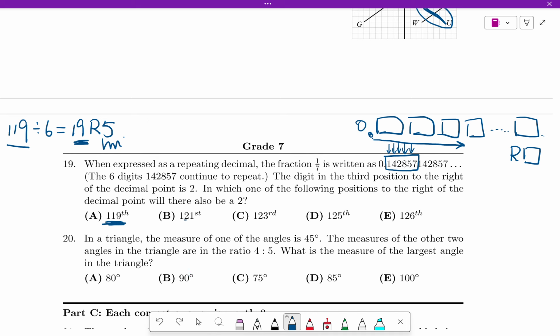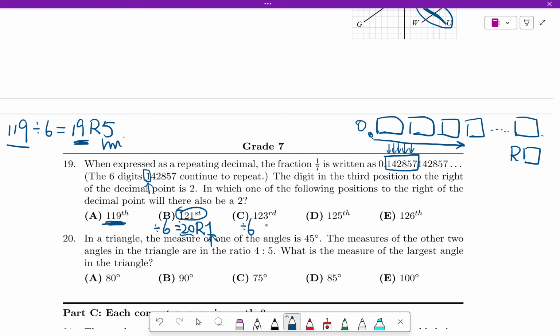If we use 121 divided by 6, we get 20 remainder 1, which tells us that the 121st digit would be the 1 right here, because in 121 decimal places there are 20 complete repeating groups of 1, 4, 2, 8, 5, 7, and a remaining 1 digit right after them, which is the first digit in the repeating group.